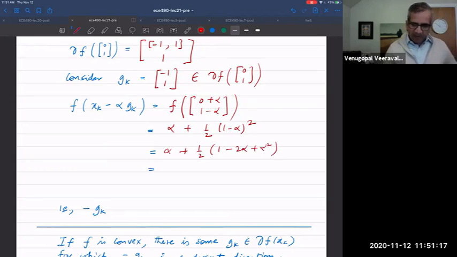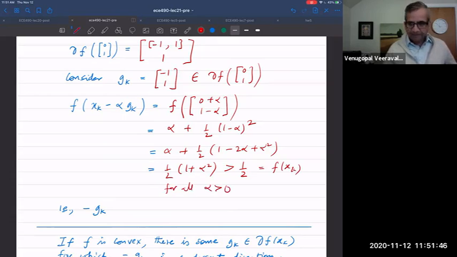You see here that the linear term in alpha cancels, and all I'm left with is half (1 plus alpha squared). Alpha squared is positive, so this is bigger than half, which is equal to f of xk, for all positive alpha.